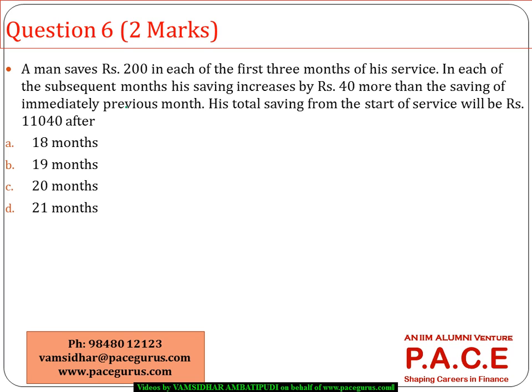A man saves 200 in each of the first 3 months of his service. In each of the subsequent months, his savings increase by 40 more than the saving of the immediately previous month. So which means in the fourth month he is saving 240, then he is saving 280 and something like this.